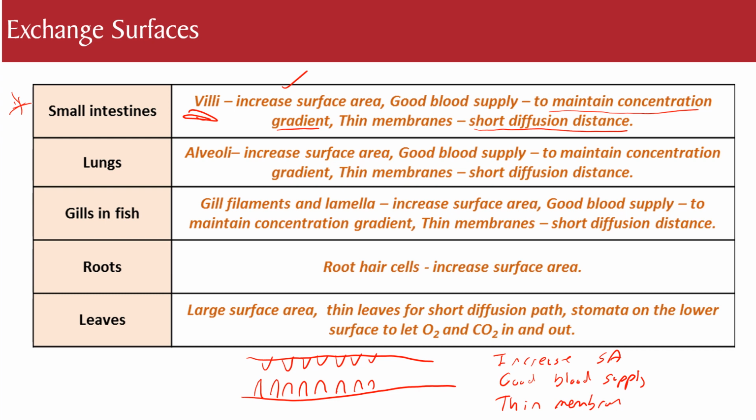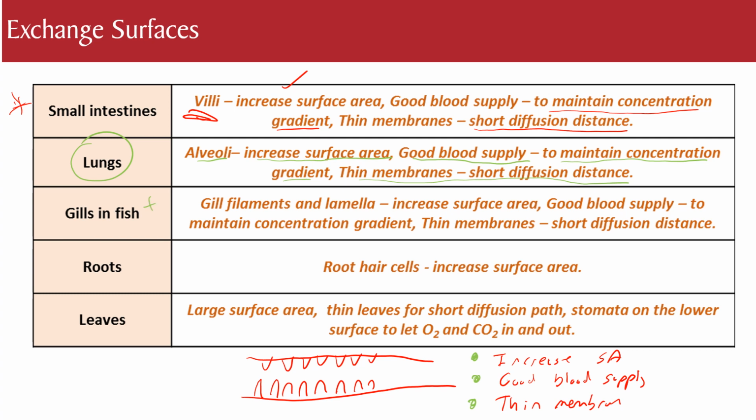Now, quite interestingly, if I then start talking about the lungs, the lungs have alveoli, which have an increased surface area. Alveoli have a good blood supply to maintain the concentration gradient, and they also have thin membranes for a short diffusion distance. So you can see alveoli have exactly the same three reasons.